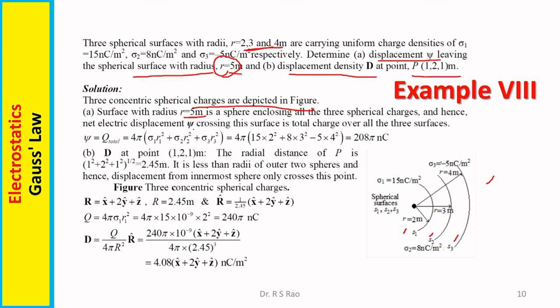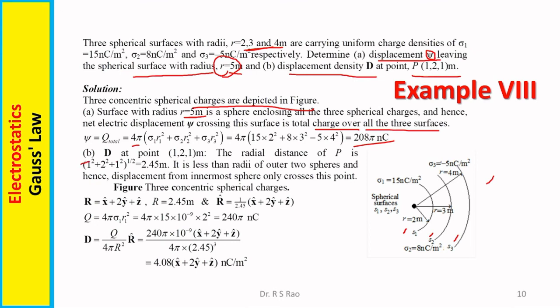The net electric displacement psi crossing the surface is the total charge over all the three surfaces. So total charge is 4 pi (sigma 1 r1 square plus sigma 2 r2 square plus sigma 3 r3 square). Ultimately, we will be getting 208 pi nanocoulombs. This is the displacement or flux.